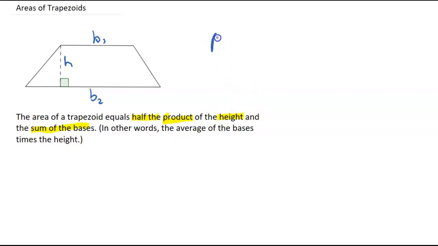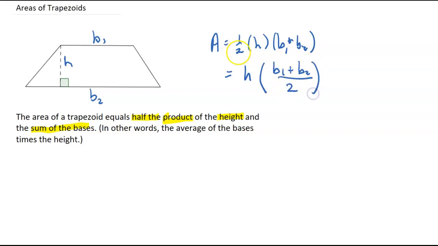Okay, so you can write that like this: area equals 1/2 the height times B1 plus B2. Now if you want, you can write that as H times (B1 plus B2) over 2. You can distribute that 1/2 inside that second parentheses.